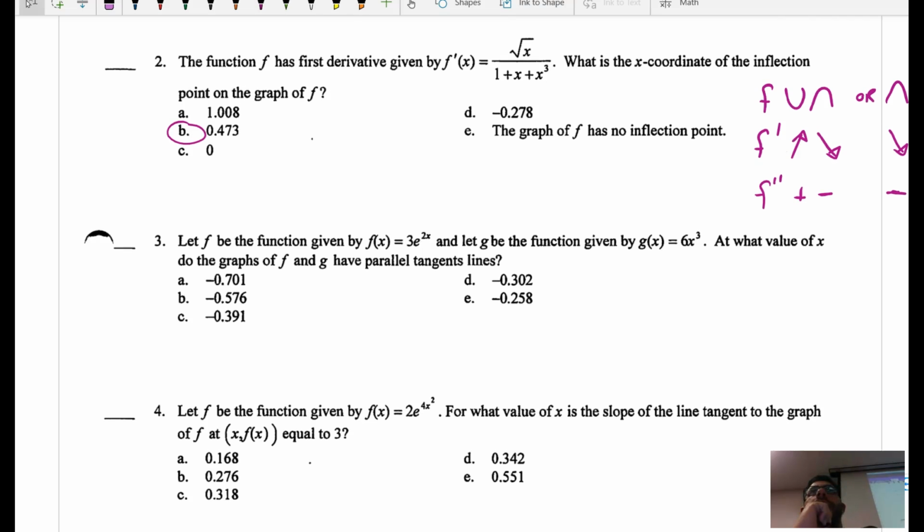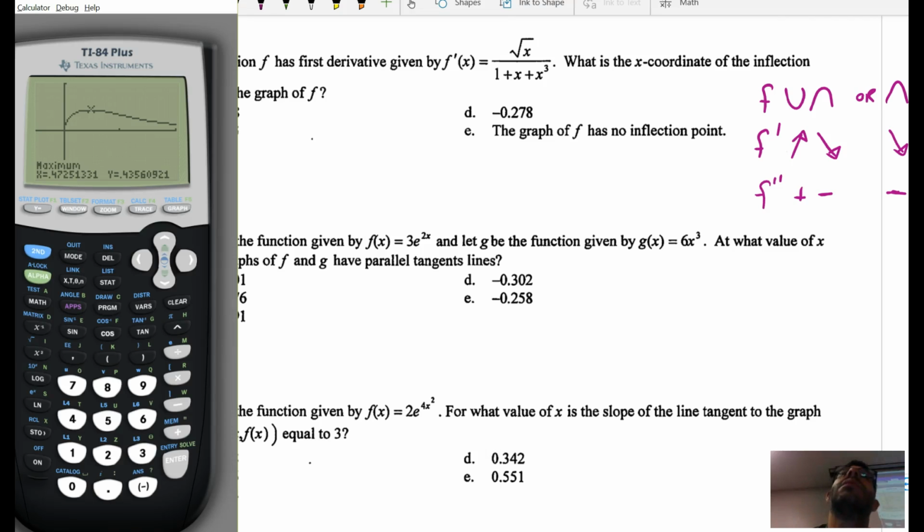Questions about that one? How do we find the max? Is that what you're saying? So second, calculate. We're calculating a max, so option 4. And then I need to tell the calculator, look between these x values.